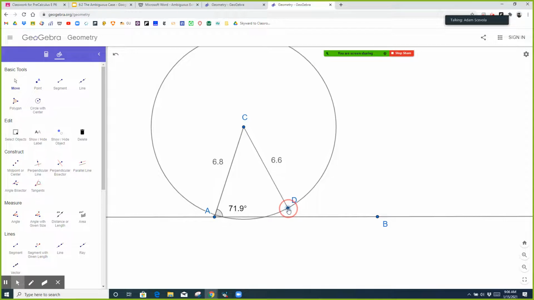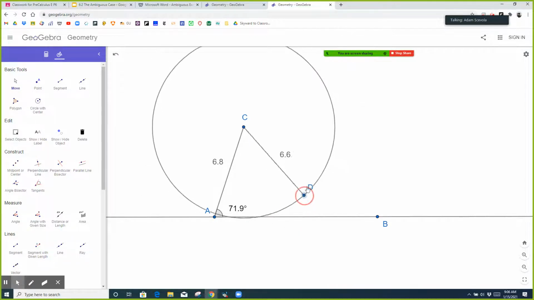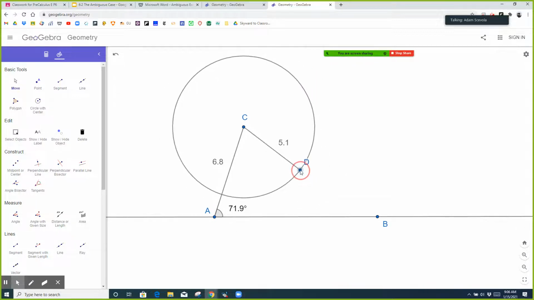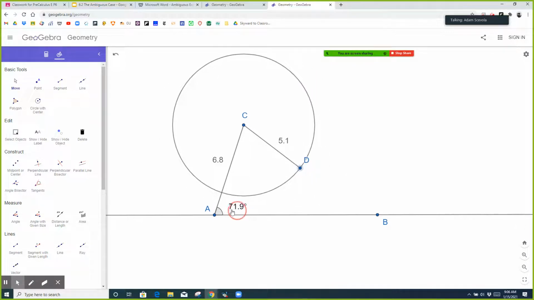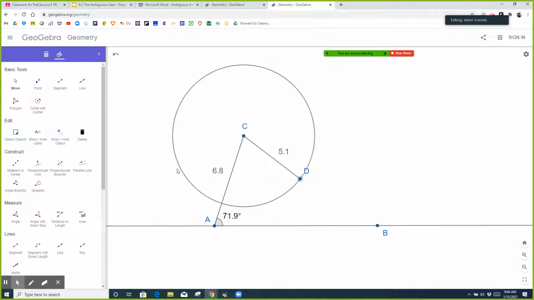When this is less than the adjacent side, then what you have to do is find the height. So what does that mean? You would have to do SOHCAHTOA to find this length right here.